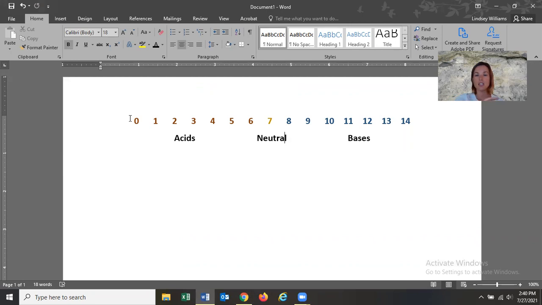Now, the pH scale is very similar to the scale of the metric system because it's logarithmic, meaning it's a base 10. So every single time you jump from one number to the next on the pH scale, it increases or decreases acidity by a factor of 10.